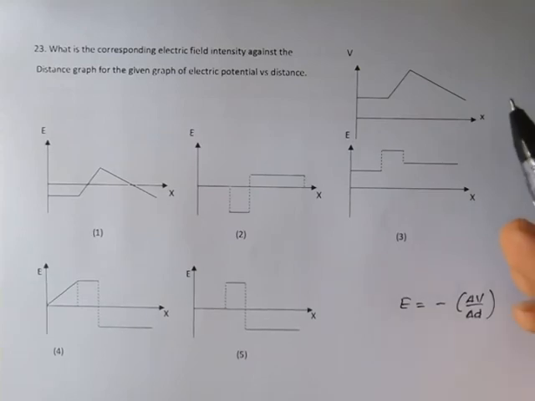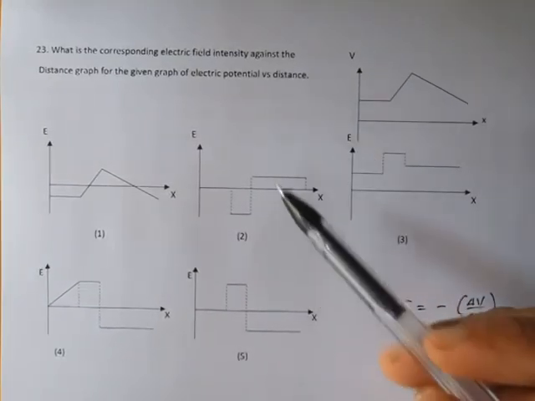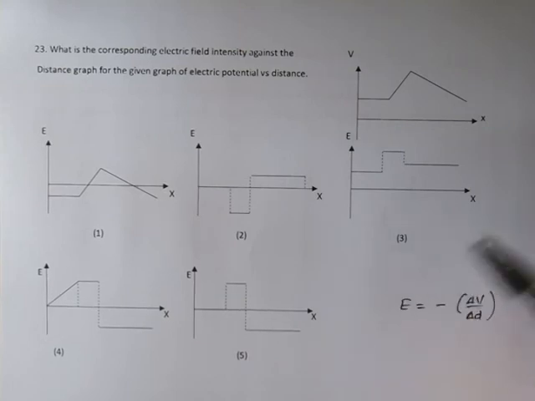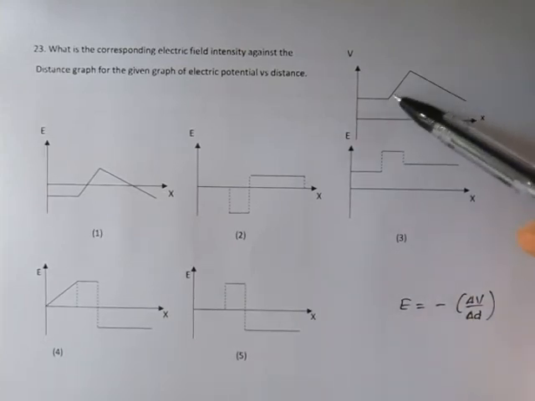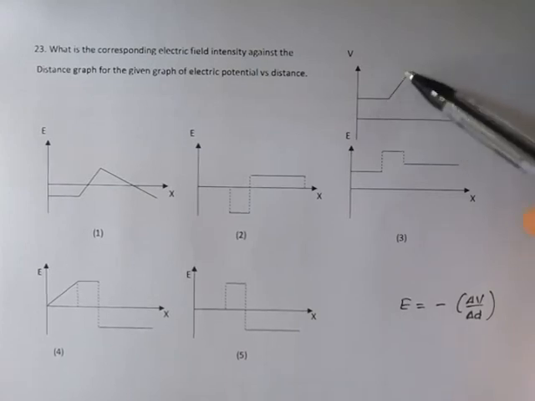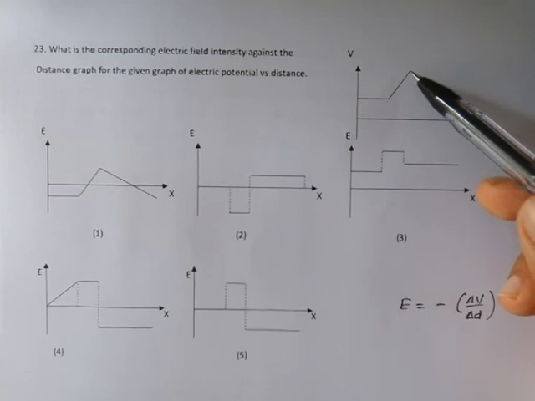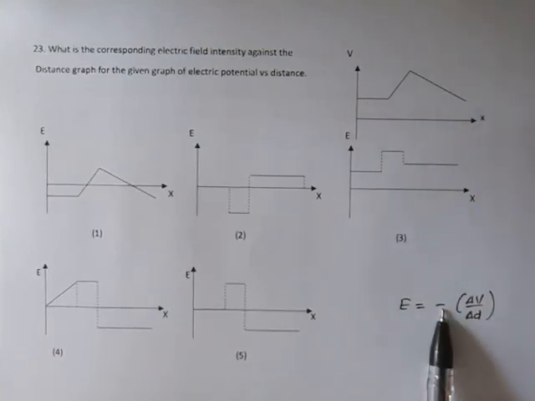So if we use that fact, we can see it is either the second or the fifth. Okay, it becomes easier now. And then here we have a positive gradient, therefore electric field intensity is positive times minus, so negative.